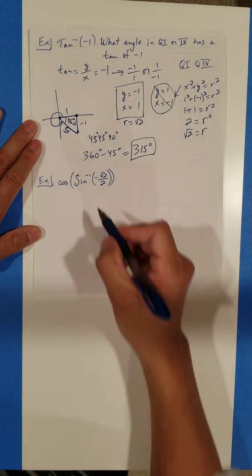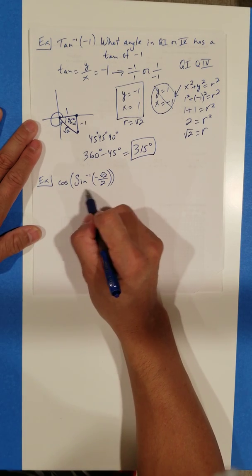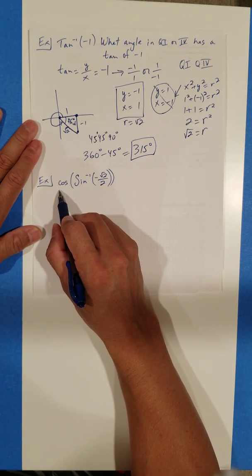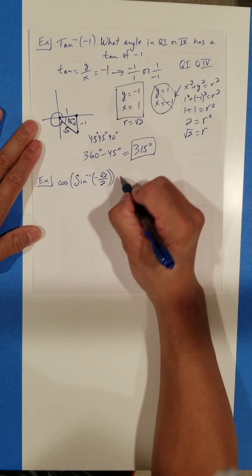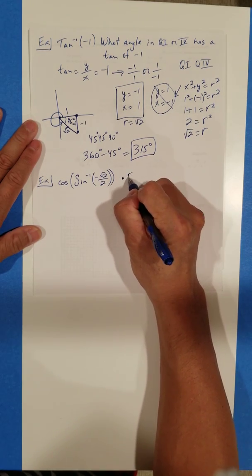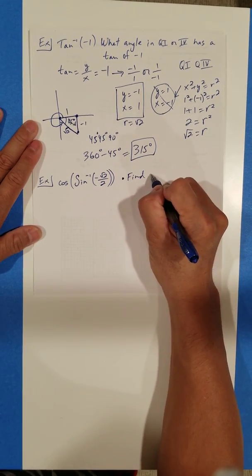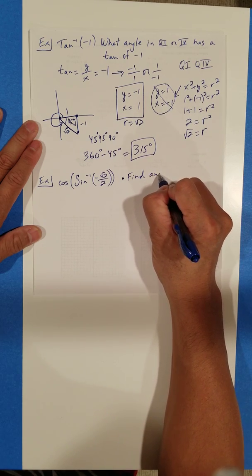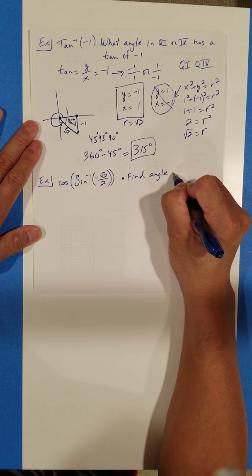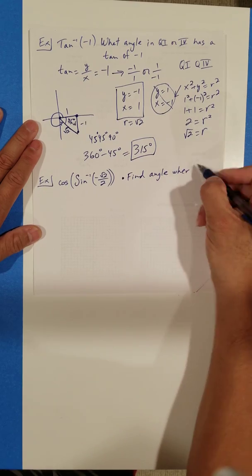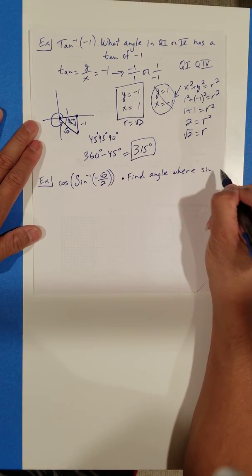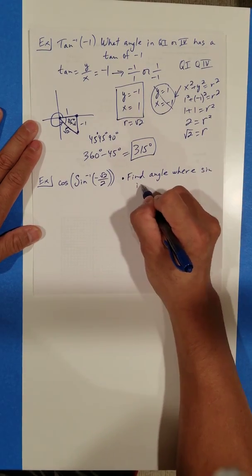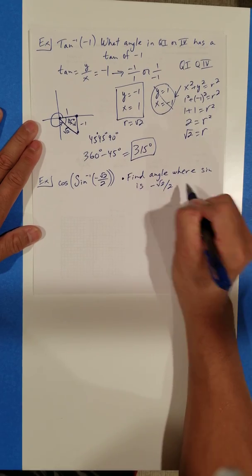First they want you to find the angle and then take the cosine of that angle. So 2 steps here. 1, find the angle where sine is negative radical 2 over 2.